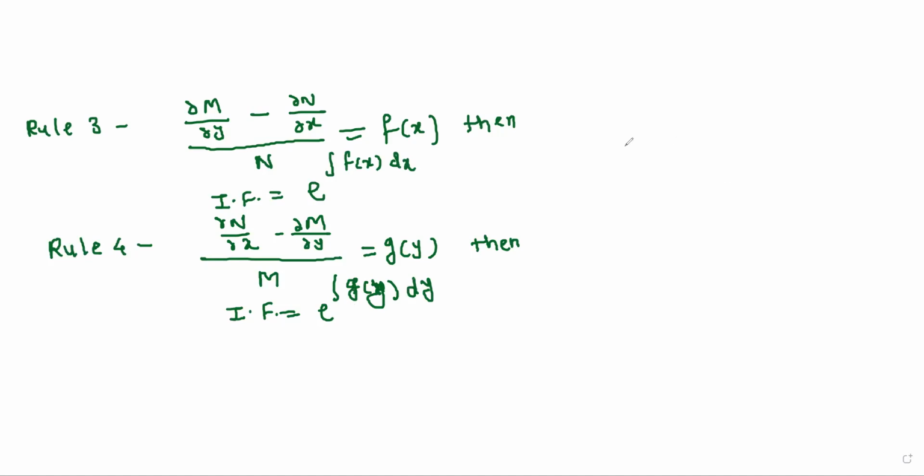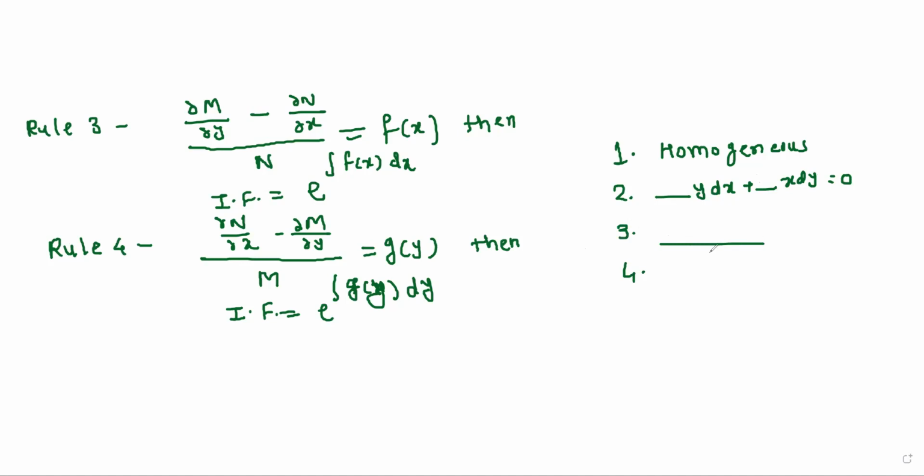So just let's recall, rule number 1 is applicable when your differential equation is homogeneous. Second is when your differential equation is like this, y dx and something into x dy equal to 0. Third and fourth rules will be applicable depending on whether the difference of these derivatives is divisible by N or divisible by M. From that, you can get f of x in this case and g of y in this case.